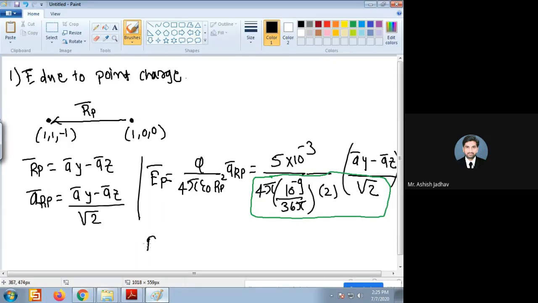The value of EP bar is equal to 15.92 into 10 raised to 6, since it is mega, into (A bar Y minus A bar Z). So this is volts per meter. This is the final answer.